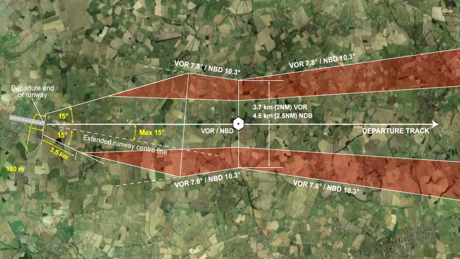Track guidance may be provided by VOR, NDB, or RNAV. At this point, we can usefully mention colour coding. The shaded areas are considered secondary for minimum obstruction clearance, whereas the clear areas along the departure track are considered primary. We will look at this in more depth later.